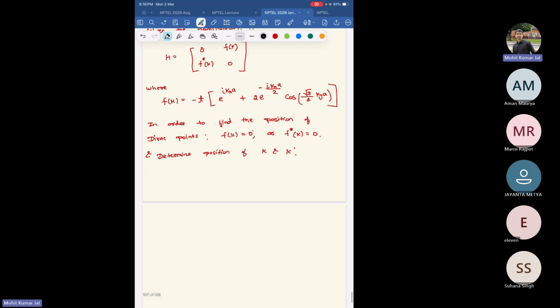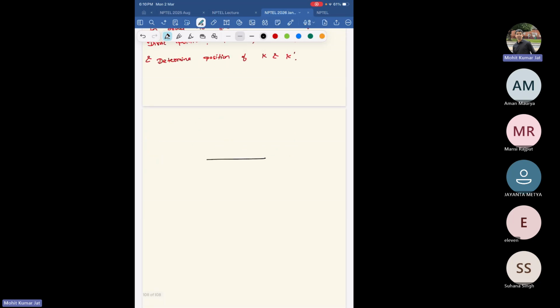Okay, so when you have your graphene structure, which is honeycomb, like this, at every corner you have these points, these Dirac points.